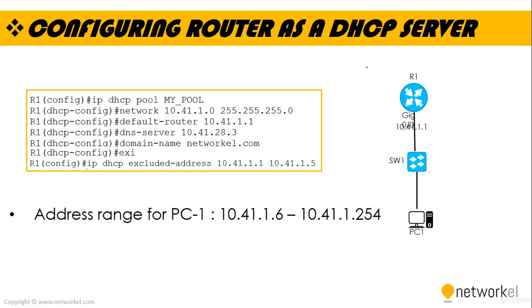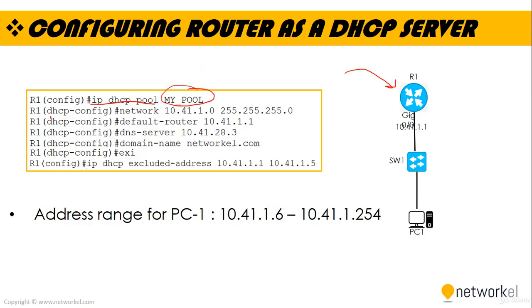To configure a router as a DHCP server, first we need to define an IP pool by typing ip dhcp pool and the name of the pool, which is mypool for this example.